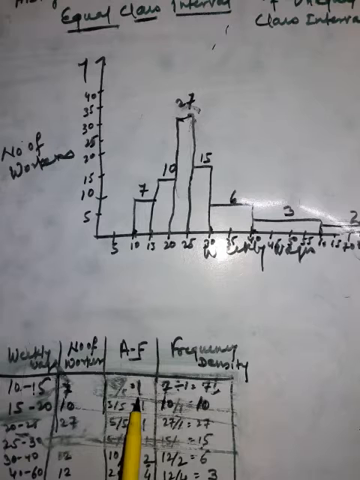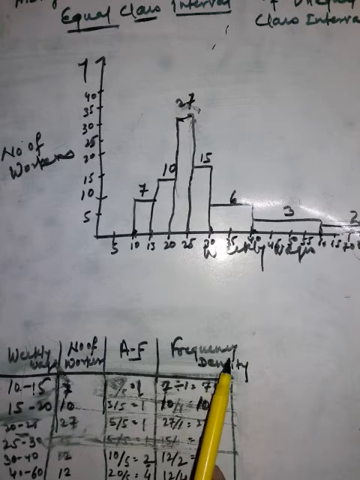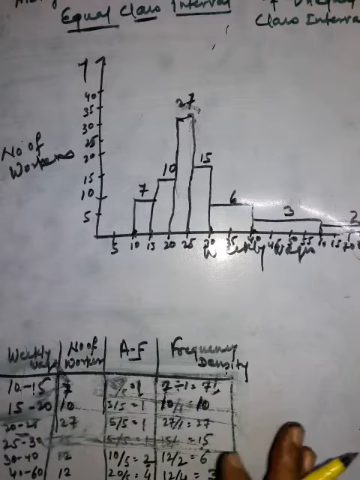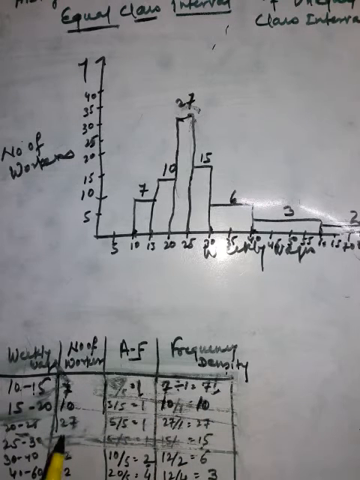Then, whatever the result of the adjustment factor, you have to find the new frequency, because here the class interval is unequal. So after the adjustment factor, what will you do?